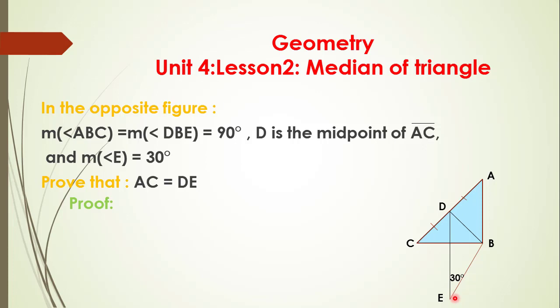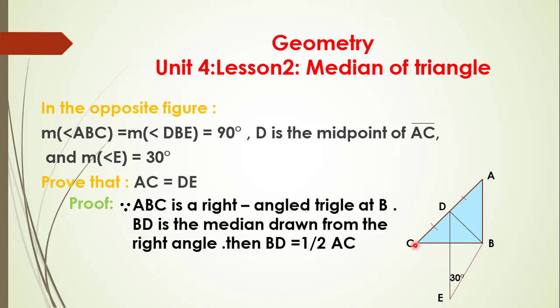Let's begin. Let's look at the first triangle here, the triangle ABC. This is a right angle triangle. AC is the hypotenuse. Since ABC is a right angle triangle at B, BD is the median drawn from the right angle, then the length of BD will be half the hypotenuse.